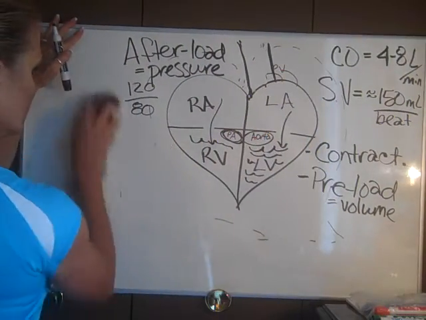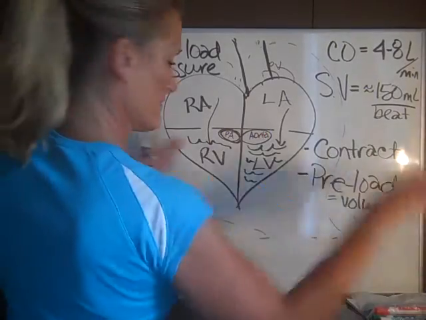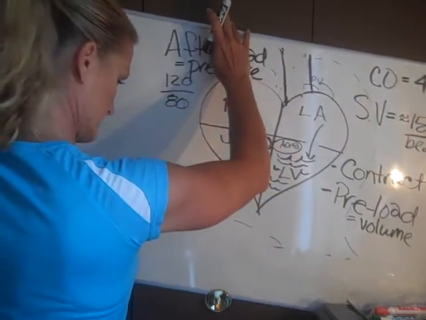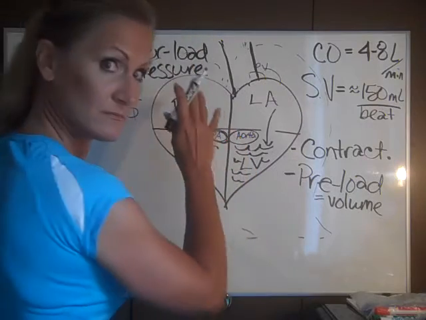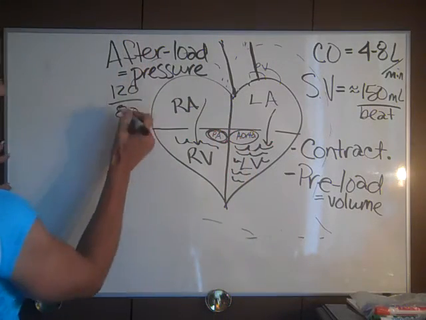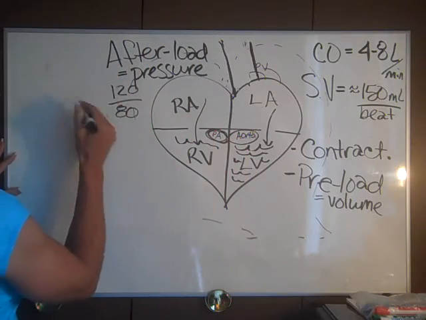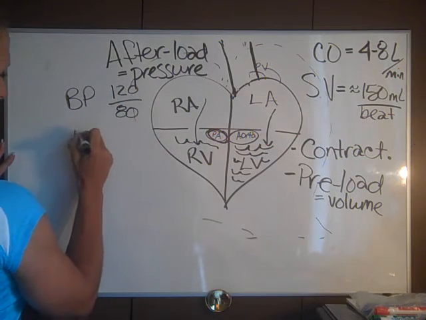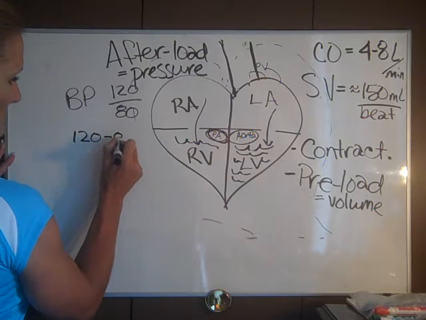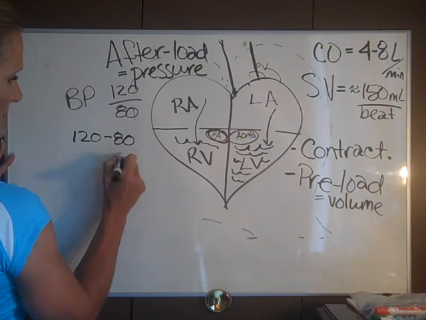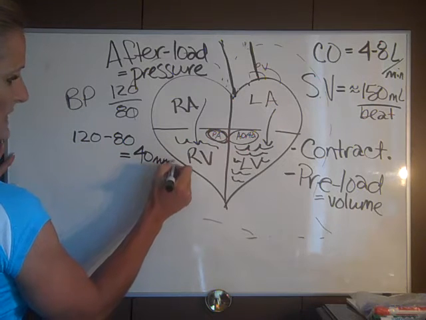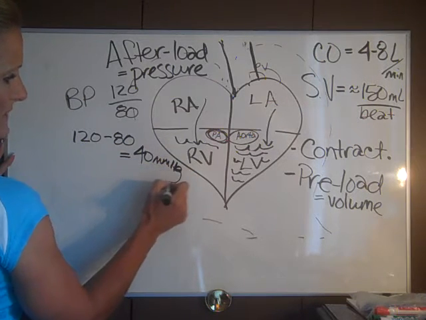And when you get a measure of the pulse pressure, this is like your blood pressure, and then your pulse pressure is you just take 120, you subtract 80, and you get 40 millimeters of mercury, and that's normal.